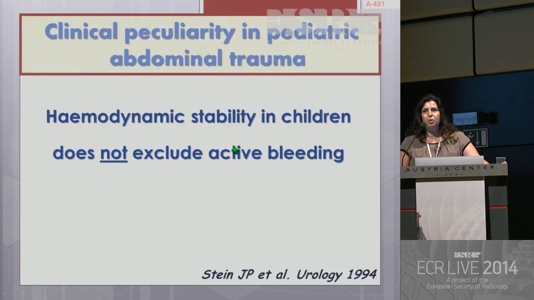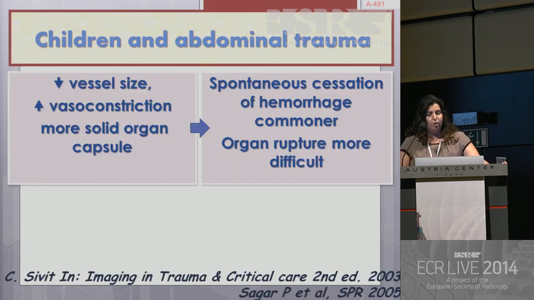It is very important to realize that children that can look normal and have normal systolic blood pressures may deteriorate rapidly due to active bleeding within 3 to 5 minutes. Therefore, your clinicians will be very anxious to know what is going on in their abdomens and to define the life-threatening injuries.